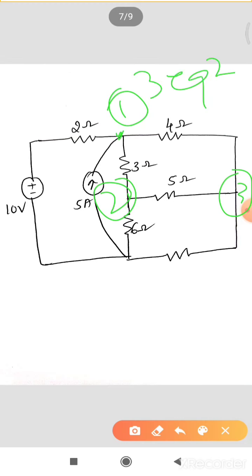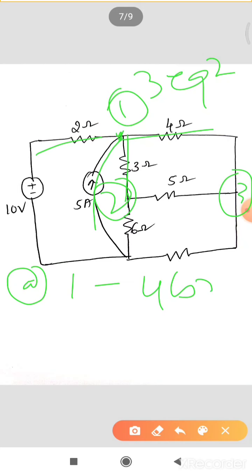3 nodes means 3 equations. At the first node, how many branches do you have? 1, 2, 3, and the independent source, so 4 branches are there. At the first node, 4 branches means 4 terms: first term, second term, third term, and equal to the one independent current source.